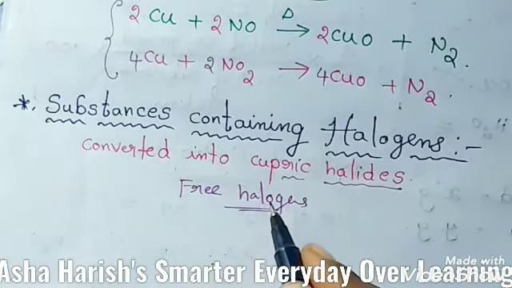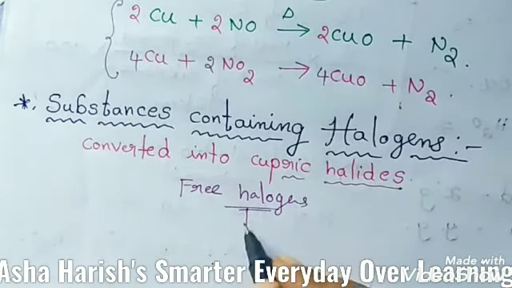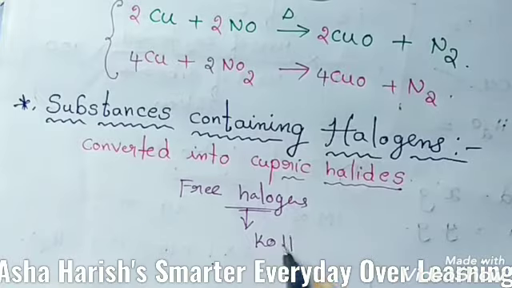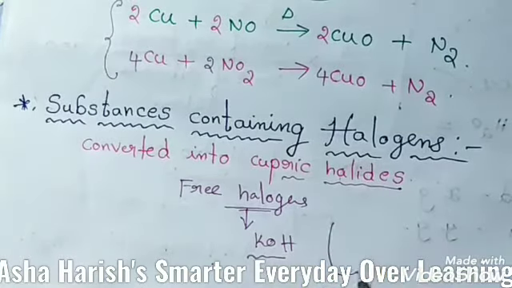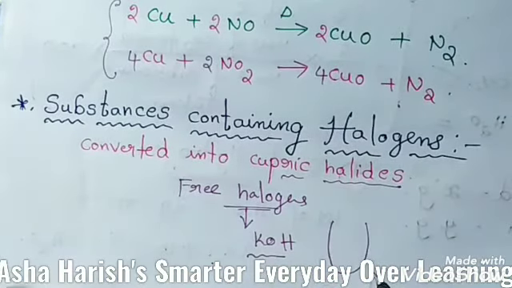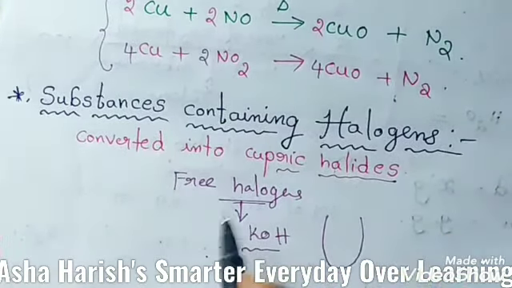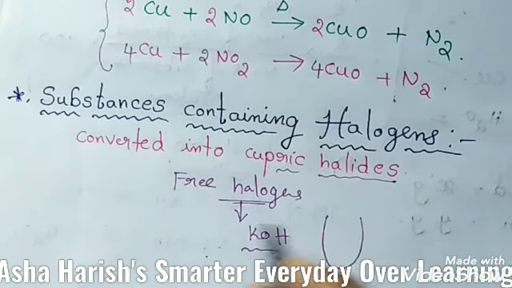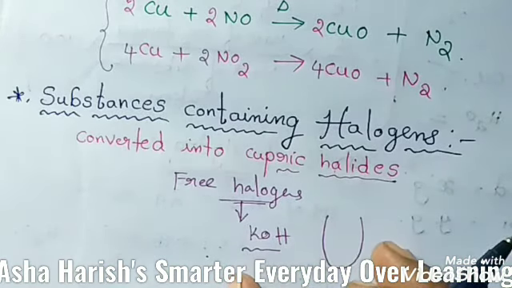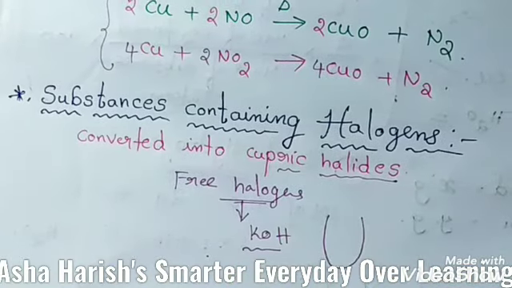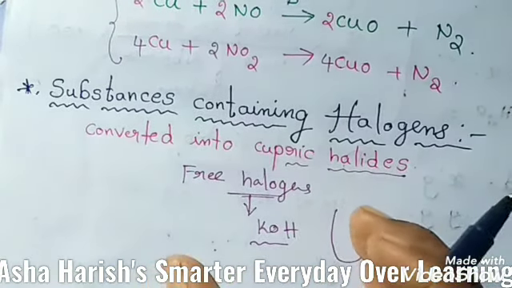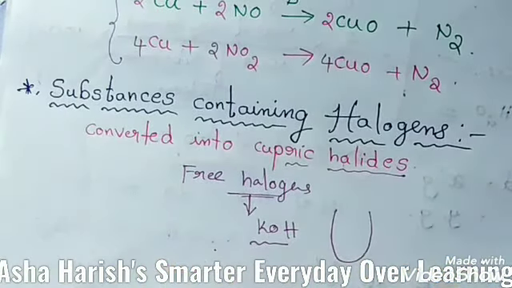These volatile cupric halides also dissolve in the KOH solution taken in the U-shaped tube. In such cases, a roll of bright silver gauze is placed near the exit end of the combustion tube. Then the silver gauze decomposes volatile cupric halides, forming non-volatile silver halides.